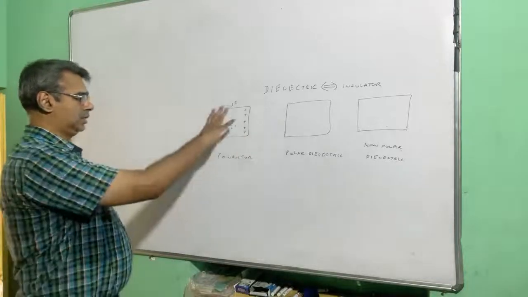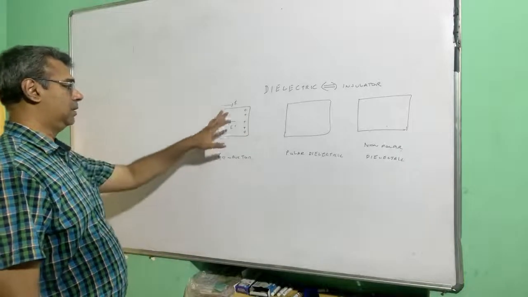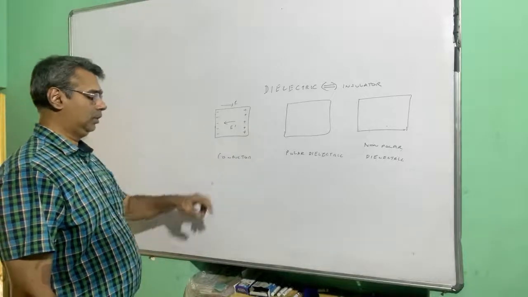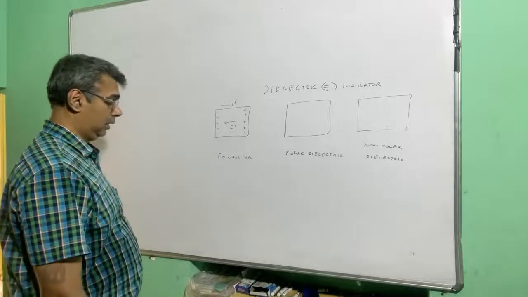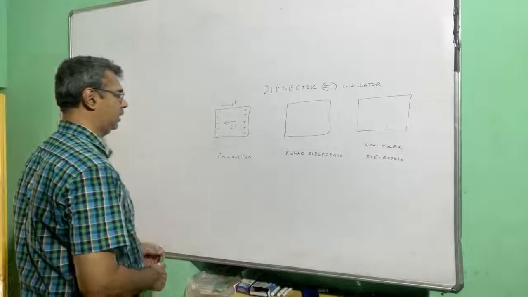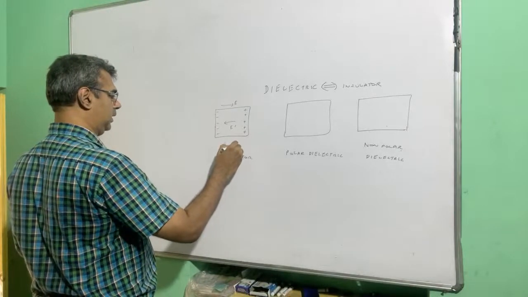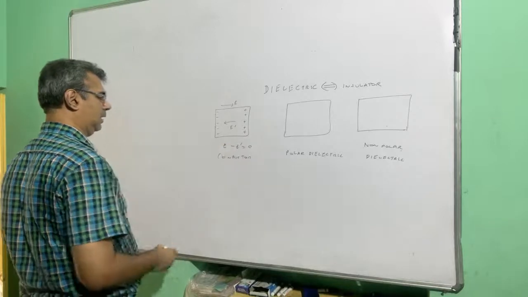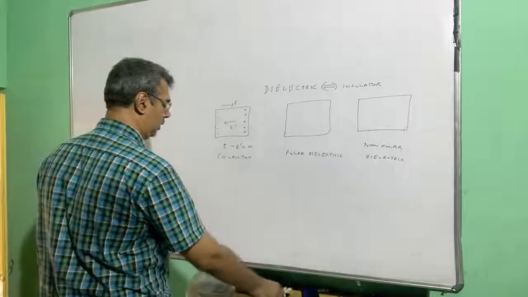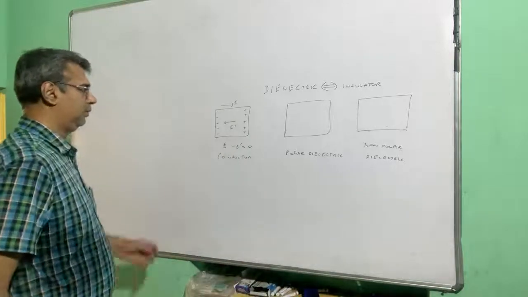Due to this arrangement, a field is created inside the conductor, so I am calling that E dash. So the applied field E and this field E dash both cancel each other to give a resultant field of 0.